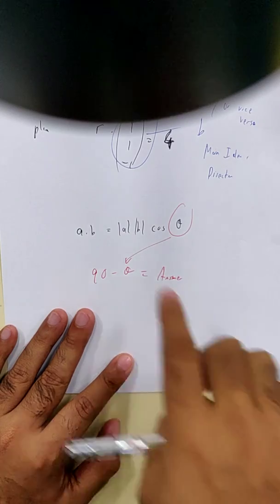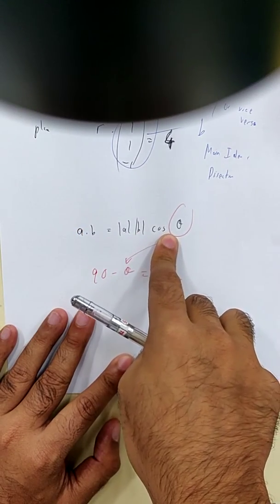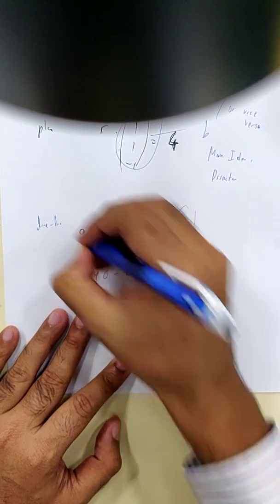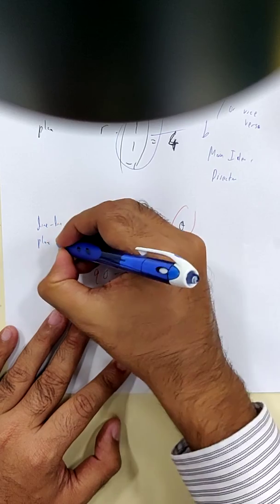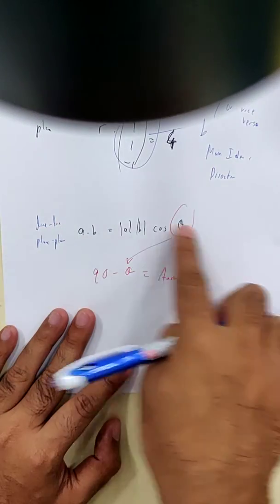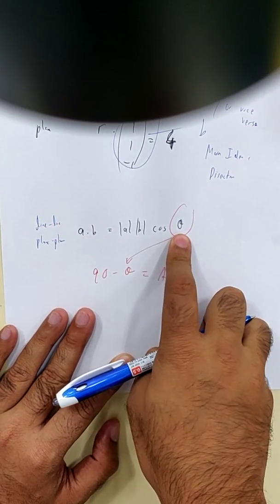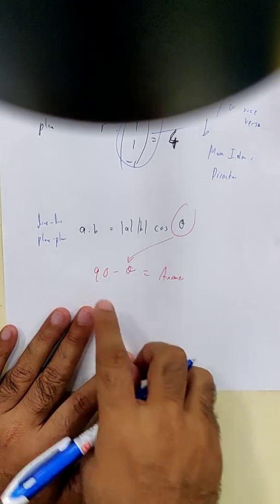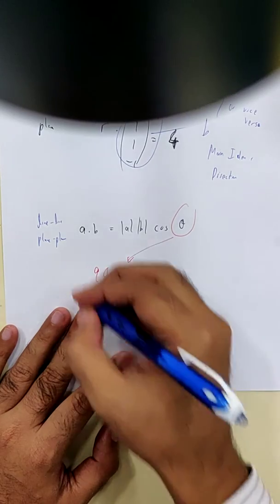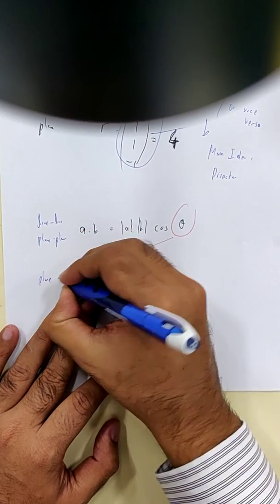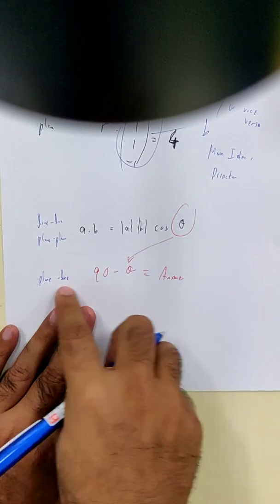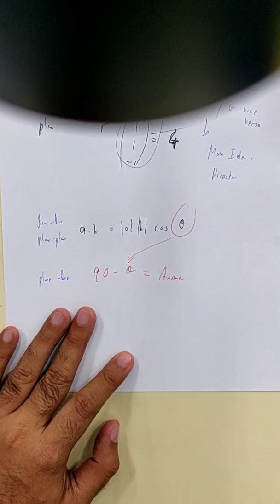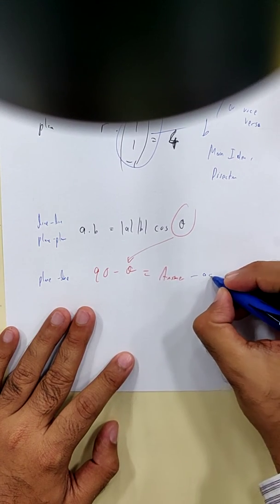If line and line, or plane and plane, this is where you stop your answers. You got theta and that's it. If plane and line, what do you need to do? 90 minus theta. Plane and line, 90 minus theta, that's your answer. And you want your answer to be an acute angle.